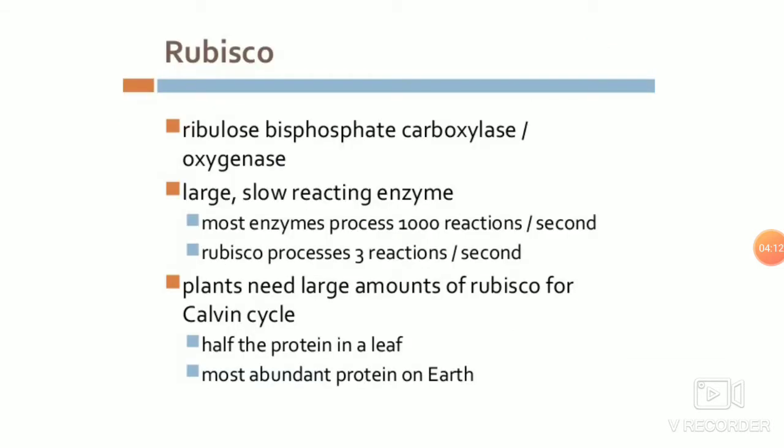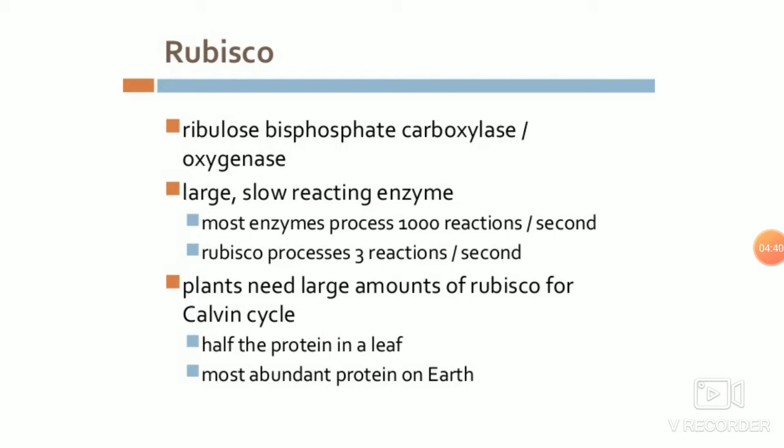So one molecule of ribulose 1,5-bisphosphate gives out 2 molecules of 3-phosphoglycerate. When this reaction starts, 3 molecules of ribulose bisphosphate are taken, thereby generating 6 molecules of 3-phosphoglycerate.